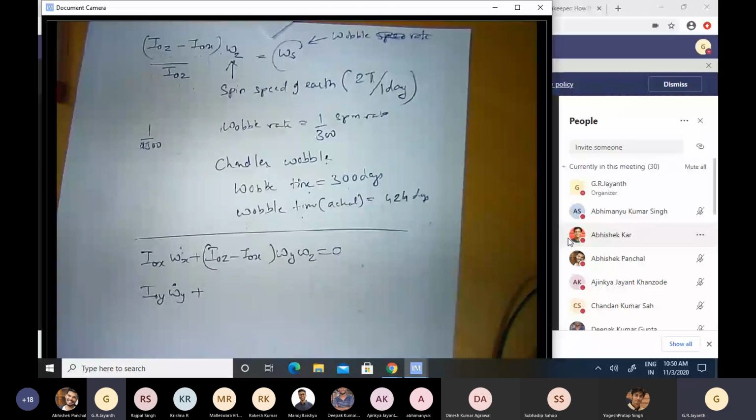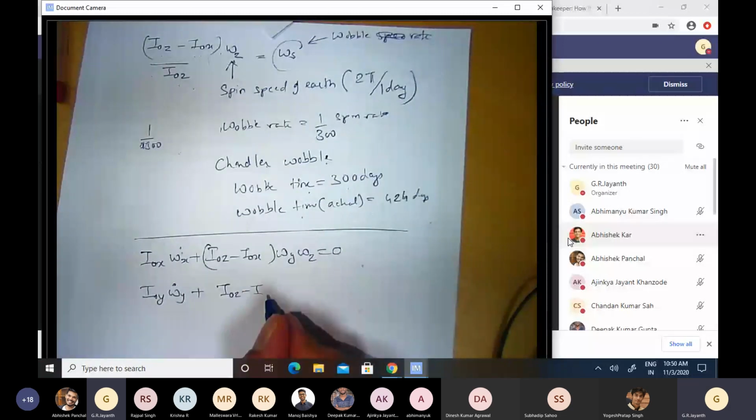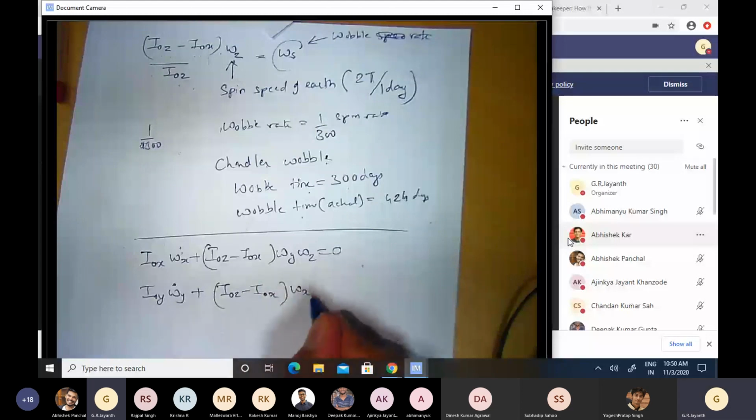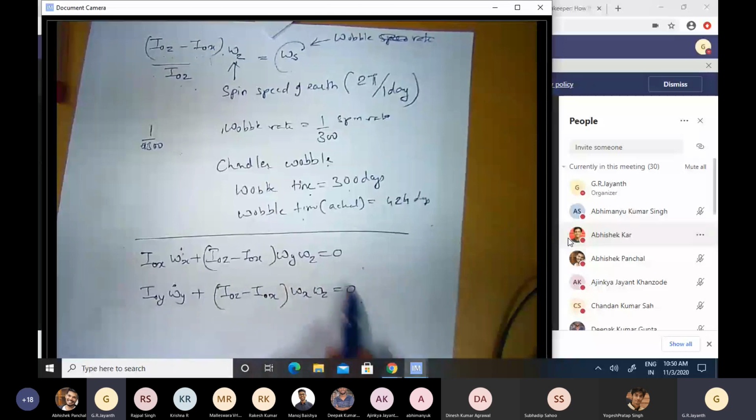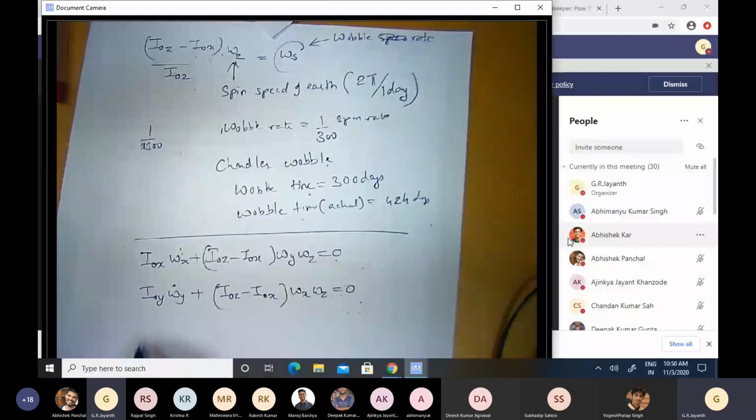I0z minus I0x, but because it's cylindrically symmetric, I0y is I0x itself. I'm having 0 on the right hand side because this is a free symmetric top. There are no moments acting on it.